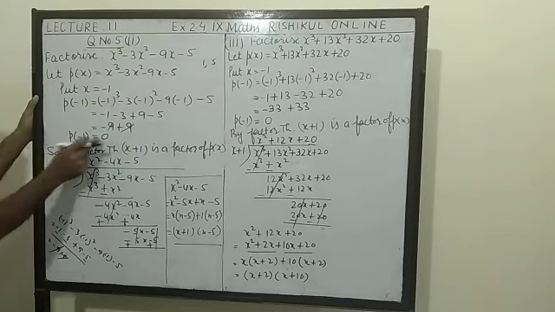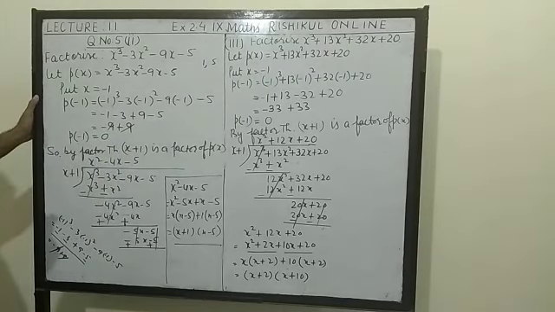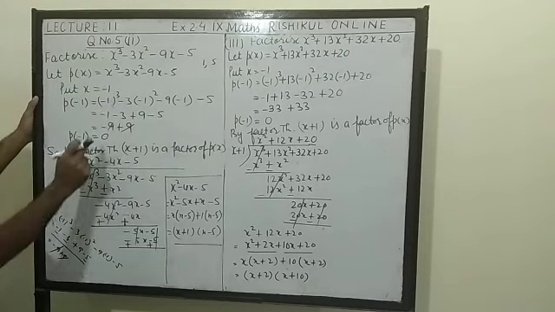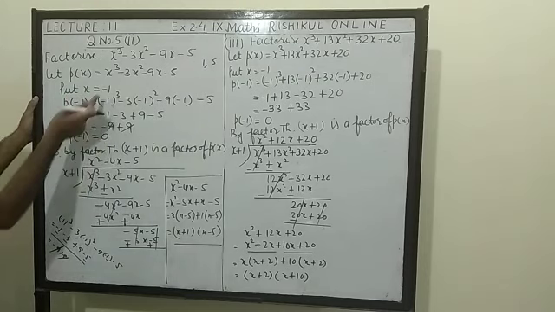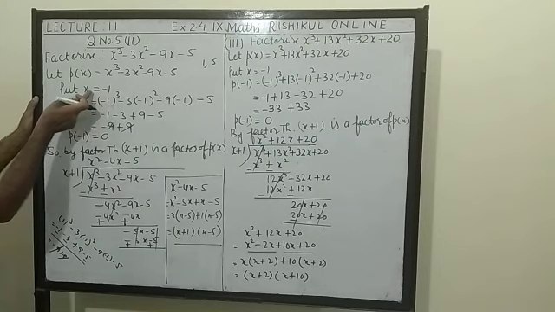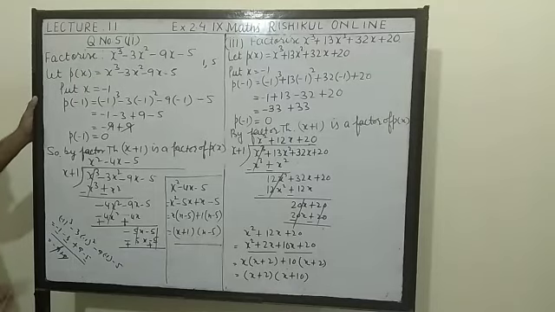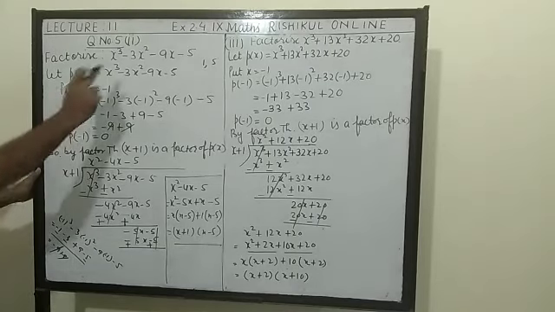So p of minus 1 equals 0 by the factor theorem. If after putting x equal to minus 1 it becomes 0, then x plus 1 is a factor of p of x, and after that you will divide this polynomial by x plus 1.